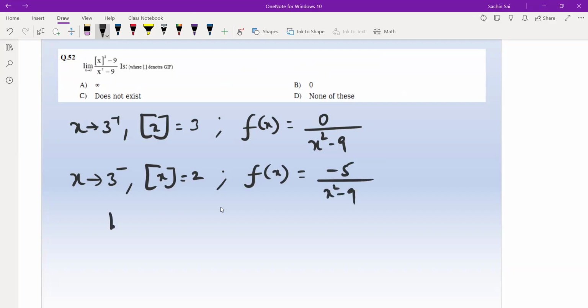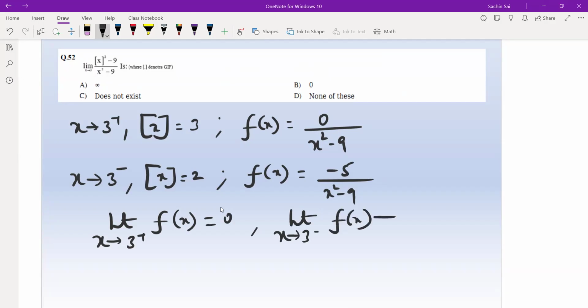So what does this tell you? It tells you that the right limit at 3 for the given function is 0, whereas the left limit at 3 for this function tends to plus infinity, right? So how do we know it tends to plus infinity?